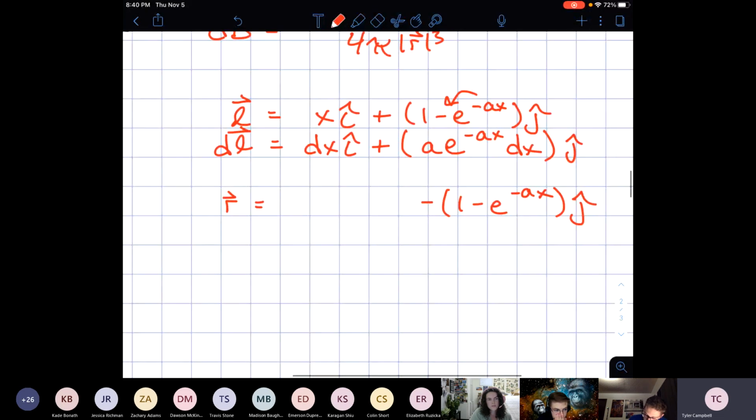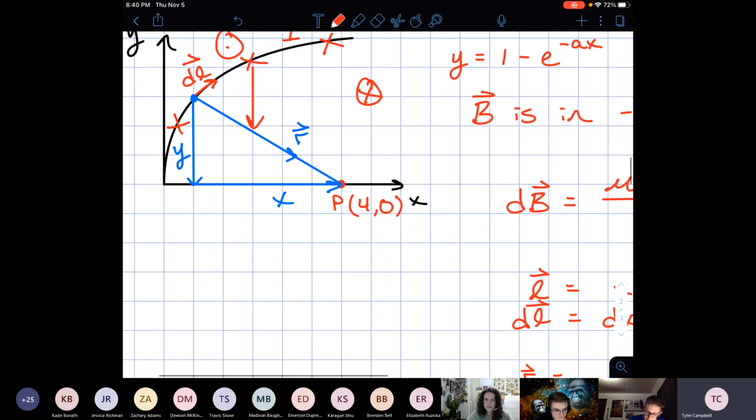All right, the last thing we have to worry about is this i hat component here. Remember, that i hat component has to describe this x right there, no matter where I'm at. So how do I describe this distance? The total distance I'm given as 4.